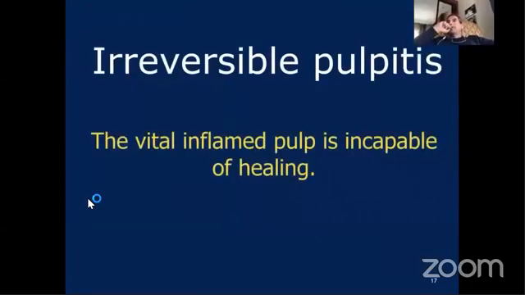At this moment, we might have what we call irreversible pulpitis. Irreversible pulpitis means the vital inflamed pulp is incapable of healing.